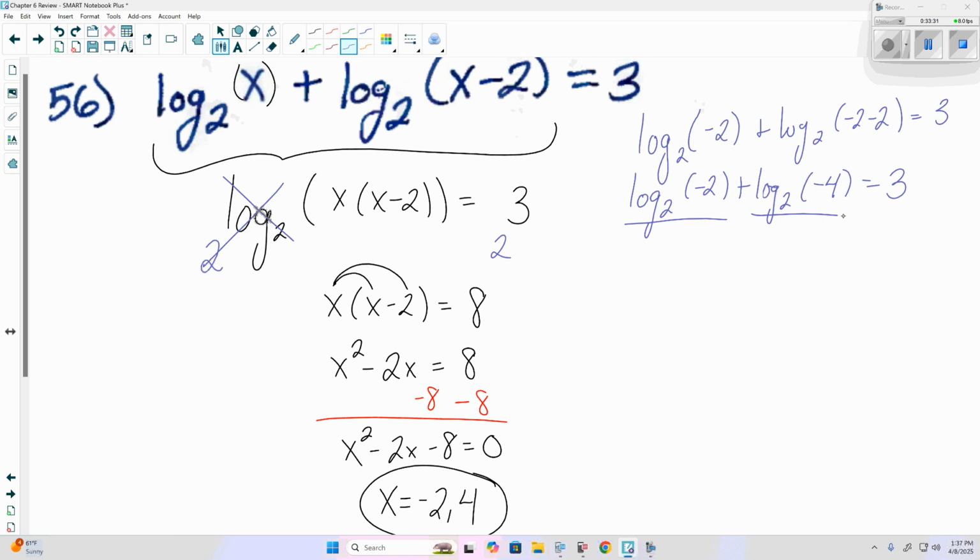In both spots, log base 2 of negative 2, we cannot have a negative inside that log. If we do, we know that doesn't work because we can't take log base 2 of negative 2. We also can't take log base 2 of negative 4. So that tells me negative 2 does not work. It's not a solution.